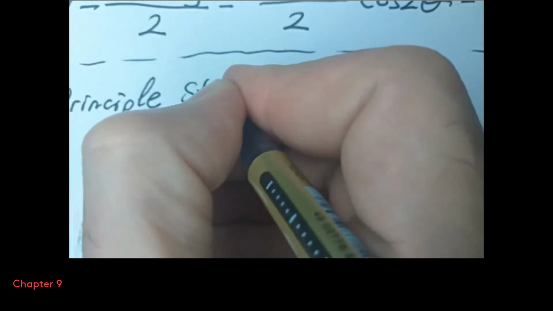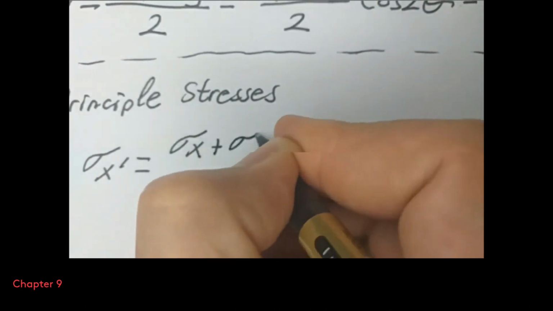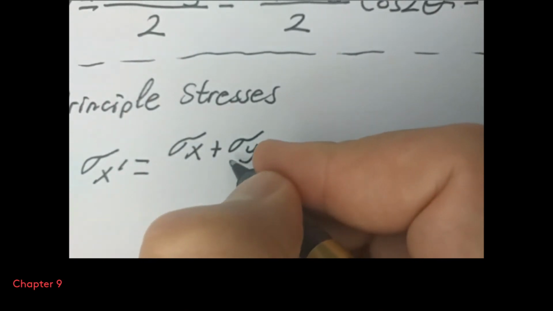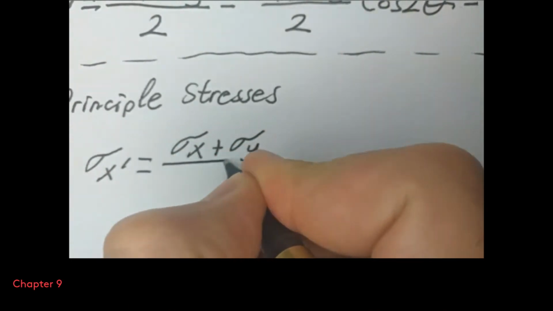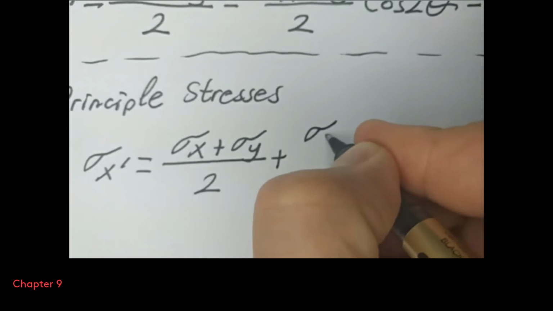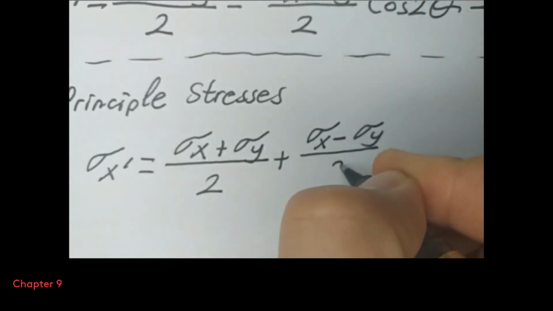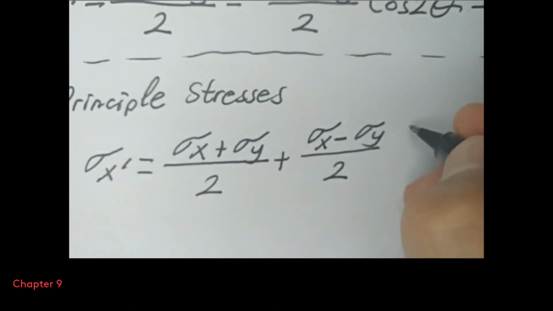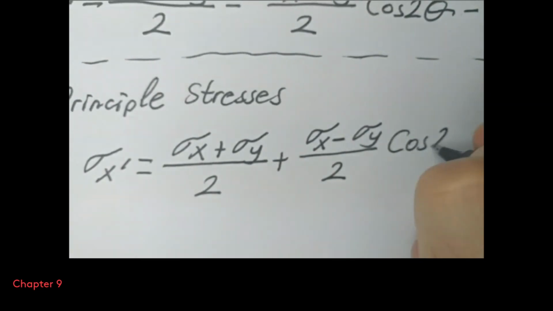So sigma x prime is equal to sigma x plus sigma y divided by 2 plus sigma x minus sigma y divided by 2 multiplied by cosine 2 theta plus tau xy sine 2 theta.